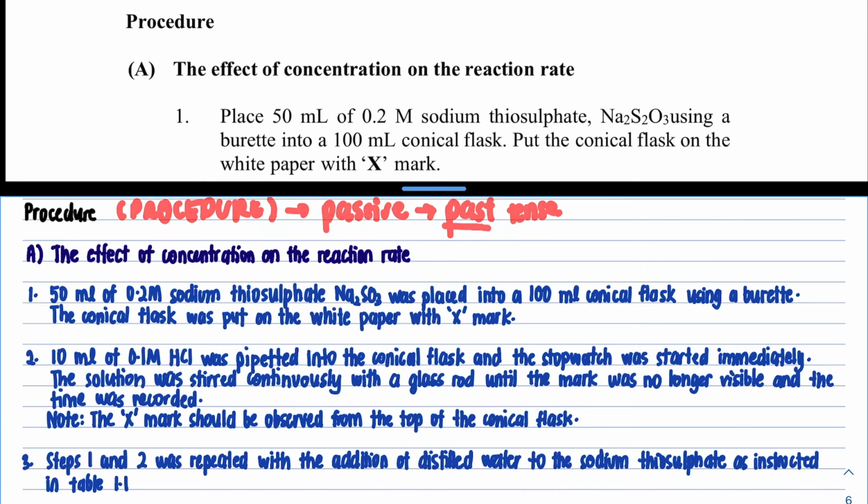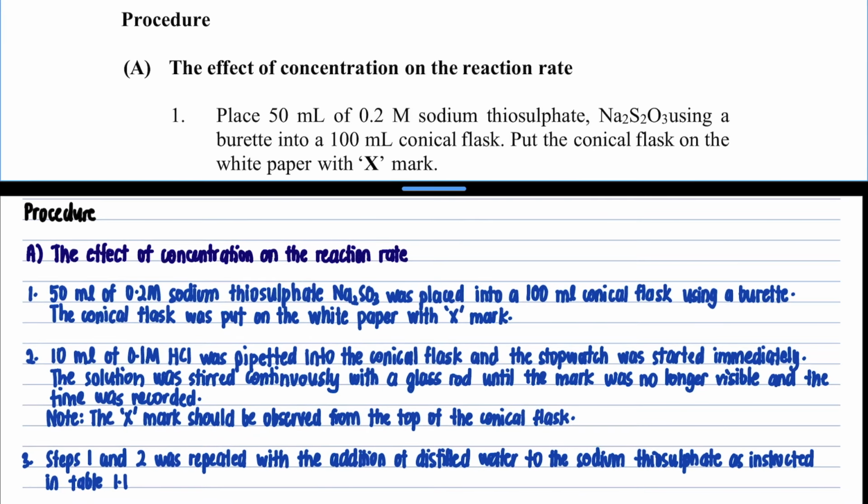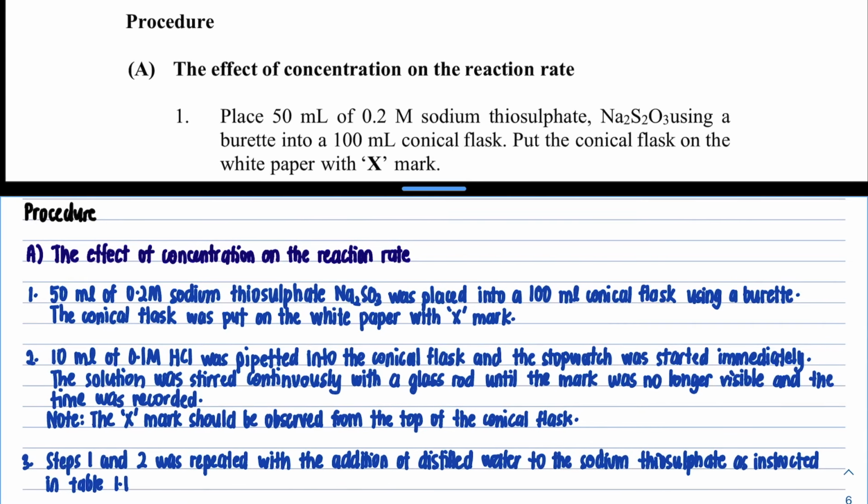For example, here I have done all the procedure for part A. Number 1 from the lab manual mentioned: place 50 ml of 0.2 molar sodium thiosulfate using a burette into a 100 ml conical flask. So here I have changed it into passive sentences and made sure that it is in past tense.